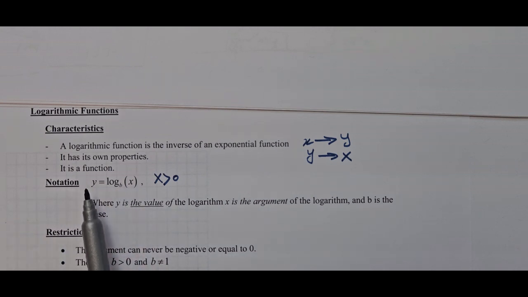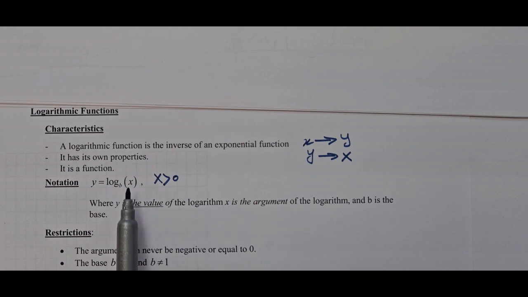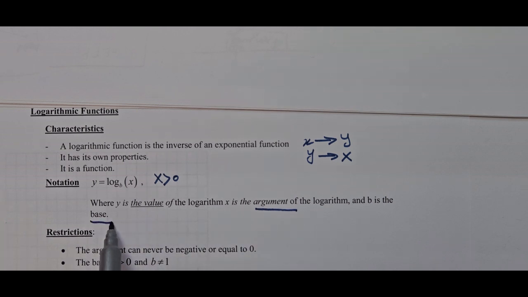So here, y is the value of the logarithm, x itself is called the argument, and b is the base. So the b is the base, x is the argument, and y is the value of the logarithm.